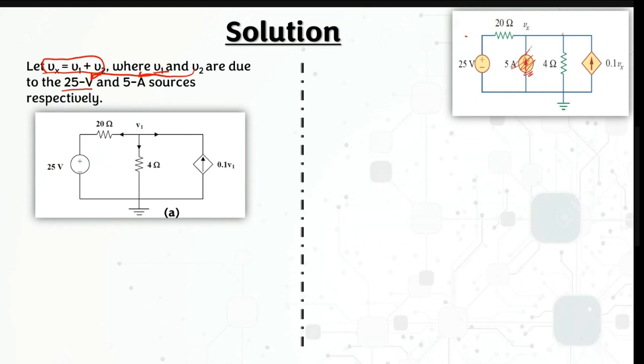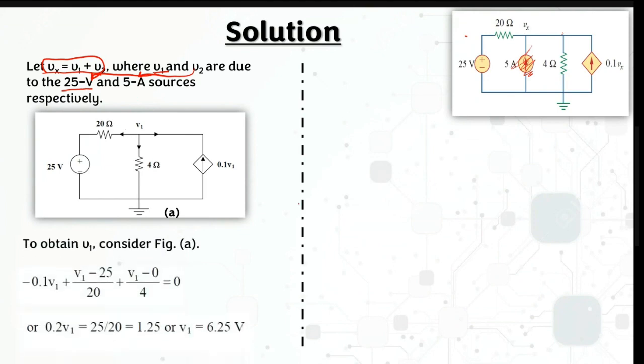In order to calculate that, you can use the node analysis again to calculate the value for your V1. First, just draw your current directions, and then you notice that the current directions here are all leaving the node, which means all have negative currents.